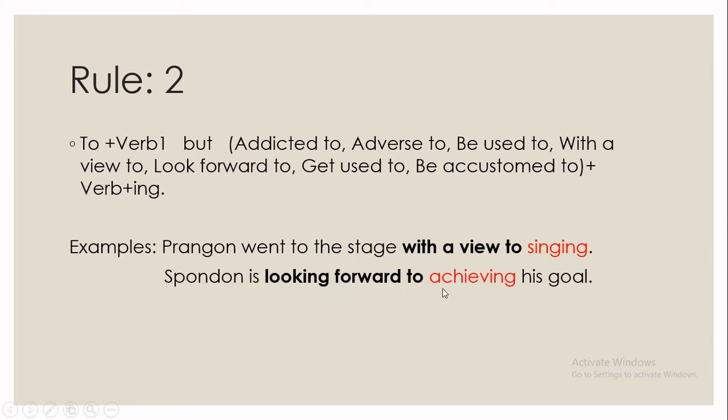So after looking forward to, we have to use ing with the verb. We cannot say looking forward to achieve. We have to say looking forward to achieving his goal. I get used to swimming in the pond. Okay?